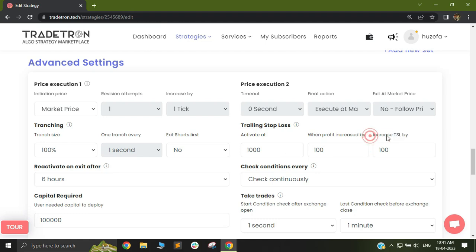So do remember that increase TSL out here in the trailing stop loss in advanced settings will always start from 0 and then increase in the tranches that you've selected out here. Now, ideally, we always suggest you select something like 1 and 1 out here so that it gives you the most accurate results in your trailing stop loss.